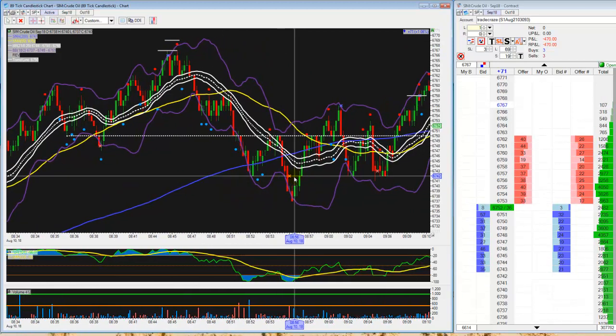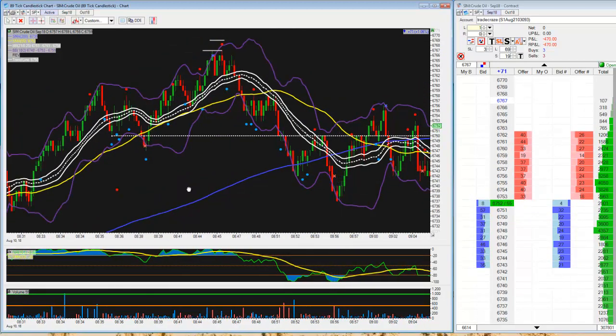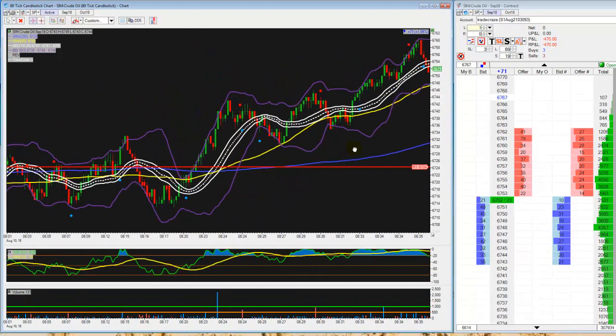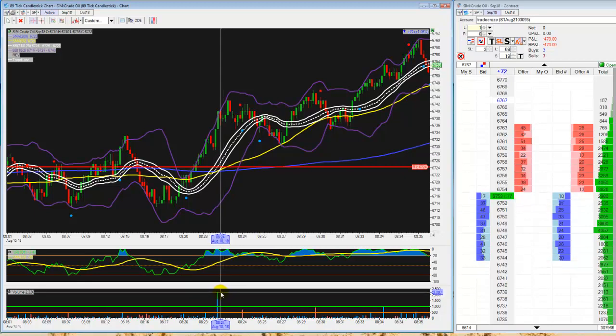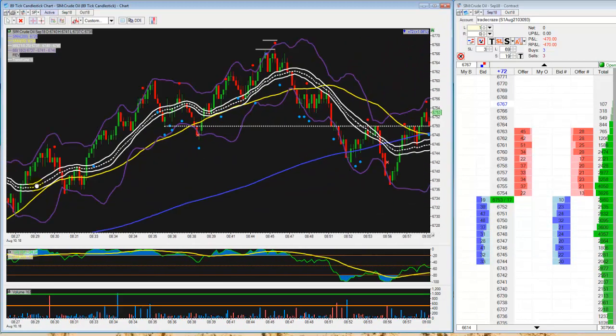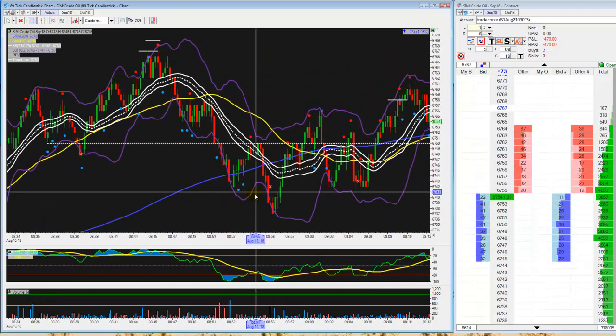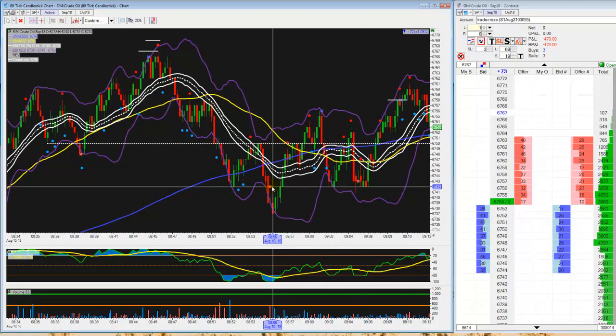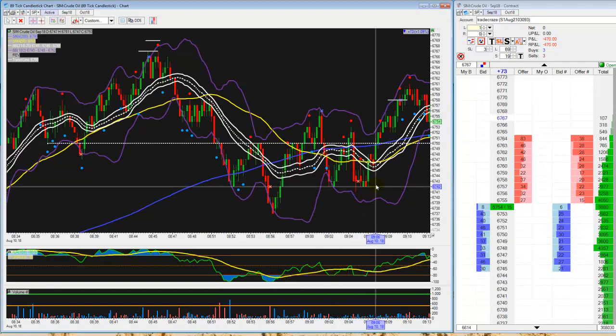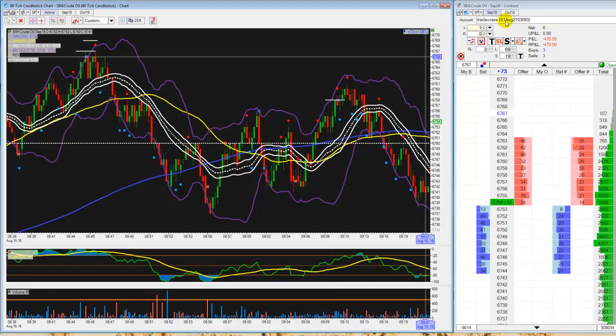Then I re-enter here, and usually what I need to think about is 1 entry per bar. That way maybe that'll keep me away from what I did today.